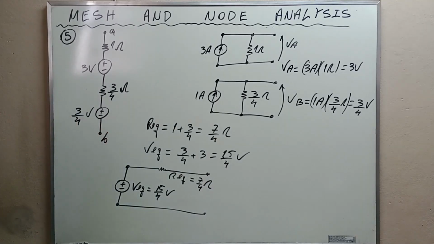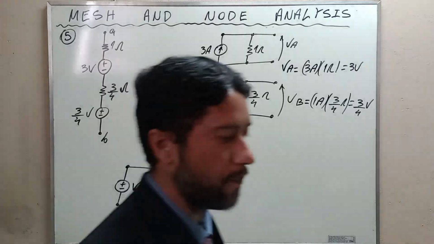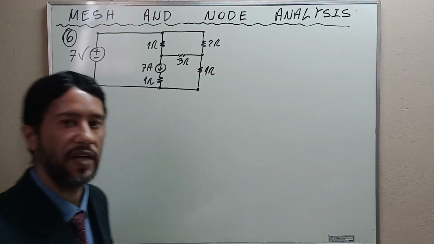Okay, so this is the reduced circuit. Okay, this is the final circuit. All right, and this is the answer of exercise 5. Let's go to the next. Let's go to exercise number 6.